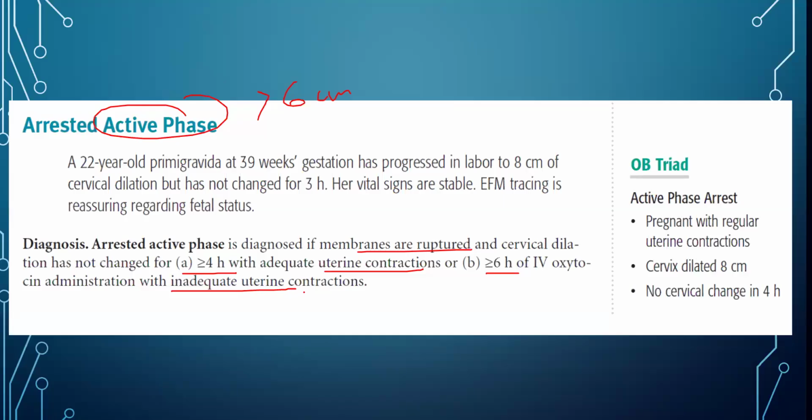Basically, we say that if there is no change of the cervical dilation for 4 hours in a patient who has got good contraction, that's arrested active phase of labor.